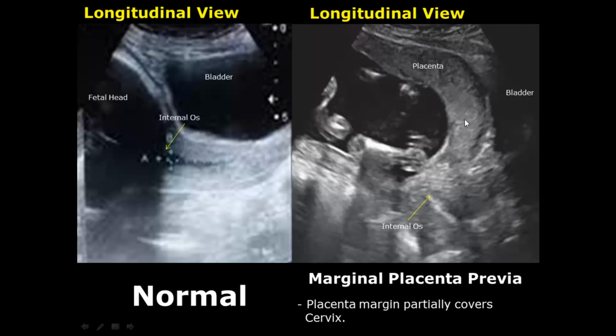When the placenta overlies the cervix, it is known as placenta previa. The first type is the marginal placenta previa. In this, the placental edge or the placental margin will overlie the cervix, but it will not cover the internal os.